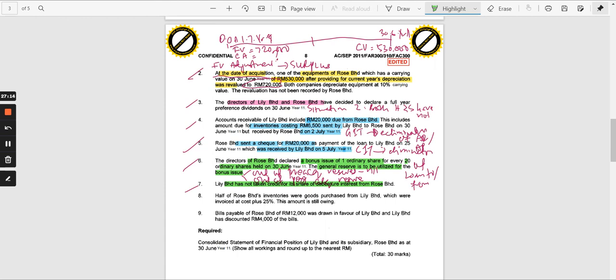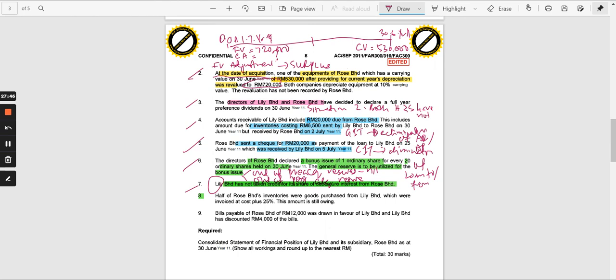So the consolidation adjustment here will depend on how the dividends or the interests are being treated. And when Rose declared debenture interest, Lily will have a share, because Lily acquired, if you can still recall, 40%. So we need to go and take credit for Lily, but when we prepare the group statement of financial position, this must not be reported.